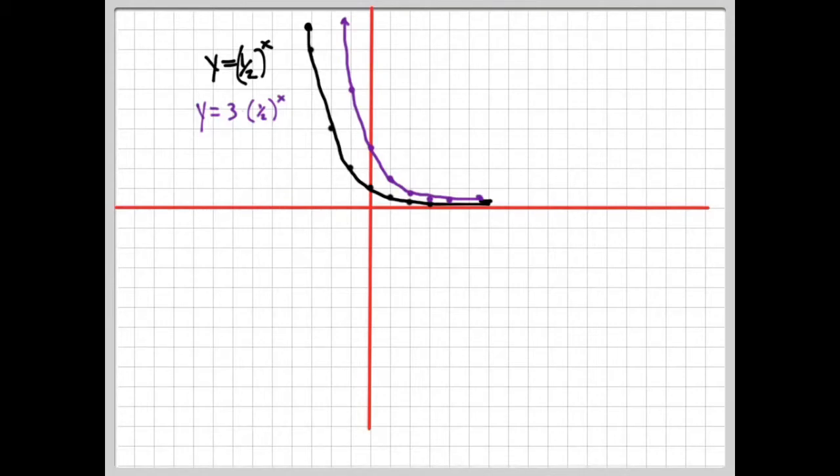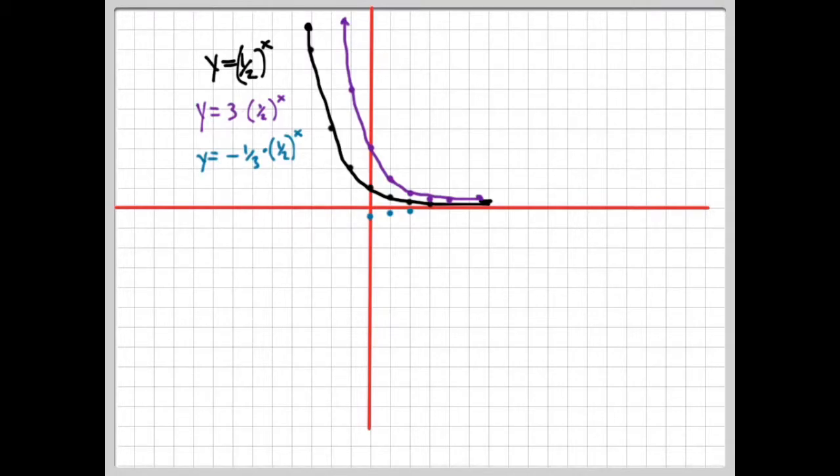The next one we want to look at is y equals -1/3 times 1/2 to the x. Now our a is -1/3, so that's where our graph is going to start, at -1/3. Again, as we go to the right, we're multiplying by 1/2, which is going to take us from -1/3 to -1/6 to -1/12, and so on.